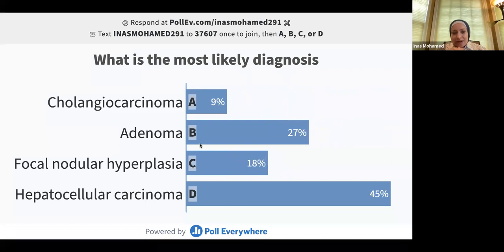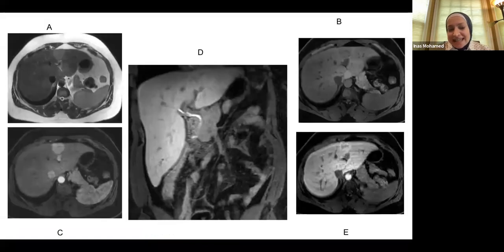Okay, so this was a little bit sneaky because that contrast is Eovist.